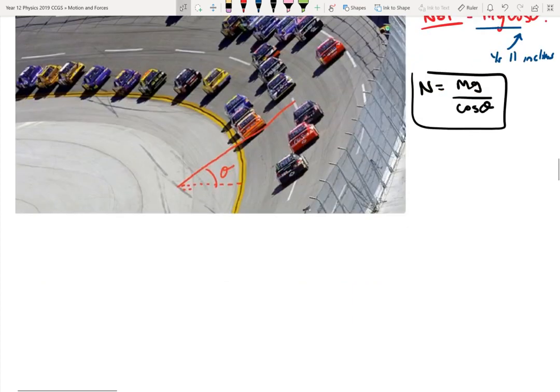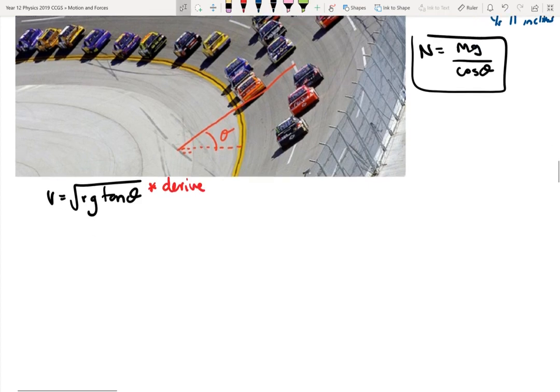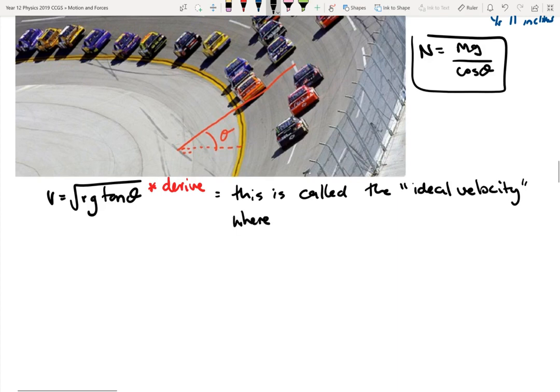Now, please recall, we have an equation for the ideal velocity, the square root of rg tan theta. Again, make sure that you derive it. I'm going to write it here. This is called the ideal velocity where friction is not required.